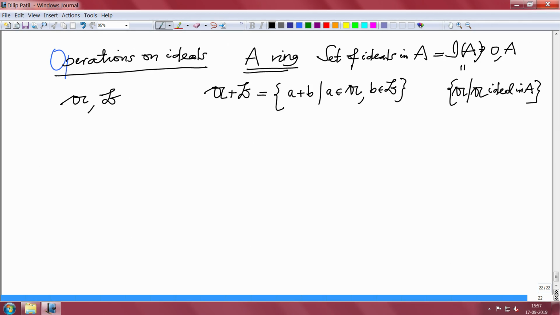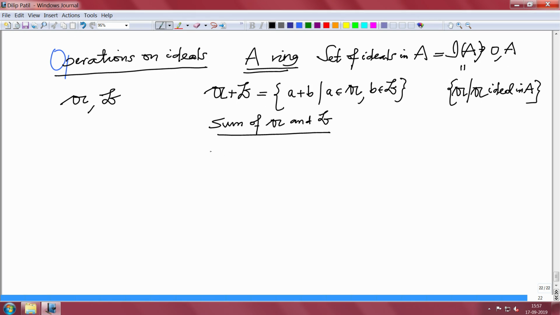And on this set I have defined addition by using the addition in the original ring. If I have two ideals, then you take their sum of elements from those ideals and check that this is an ideal. This is called the sum ideal, sum of A and B. And you have observed that, like earlier, it may sometimes be better to define it as the smallest ideal which contains both.